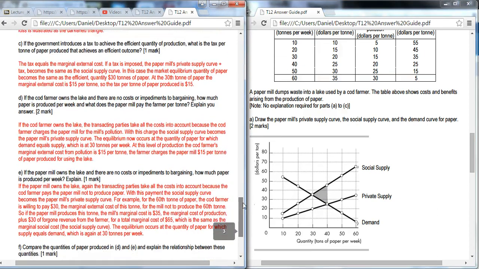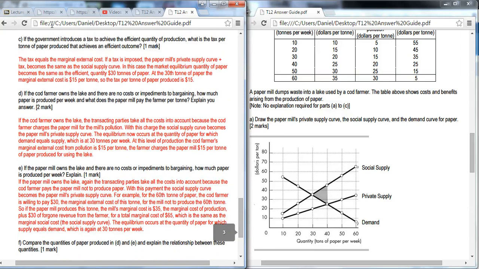Okay, so part C asks, if the government introduces a tax to achieve the efficient quantity of production, what is the tax per tonne of paper produced that achieves an efficient outcome? As the answer suggests here, the tax that you need is the tax that equals the marginal external cost. You need a tax so that the paper mill's private supply curve intersects the demand curve at the same point as where the social supply curve had been intersecting.